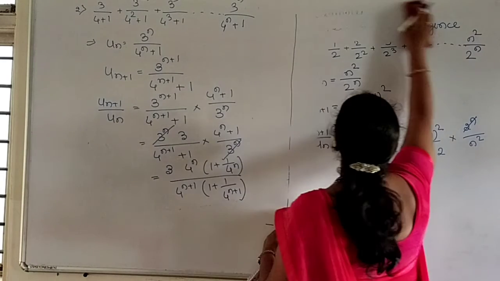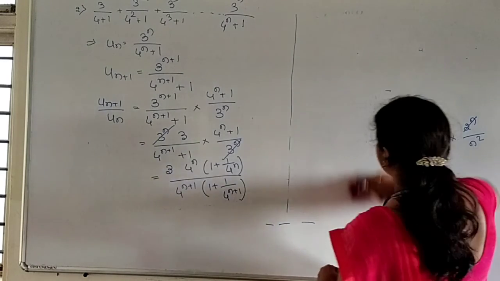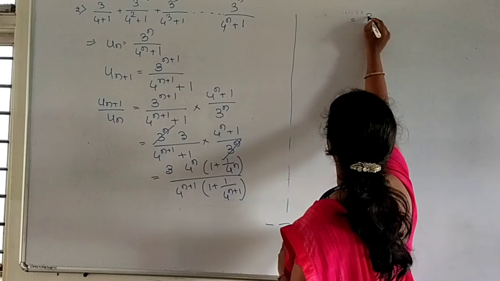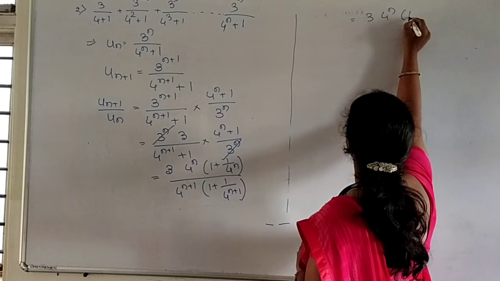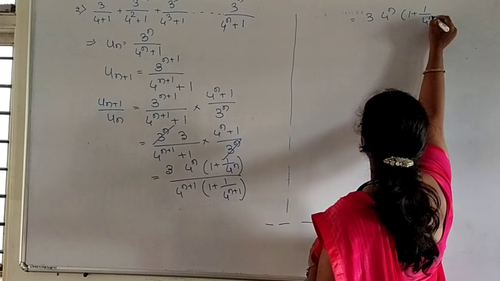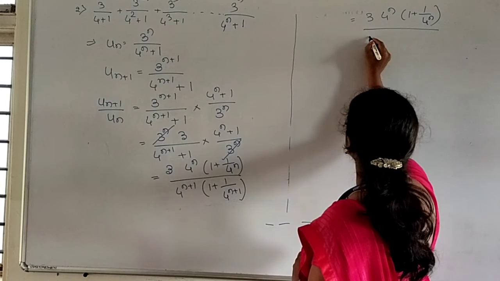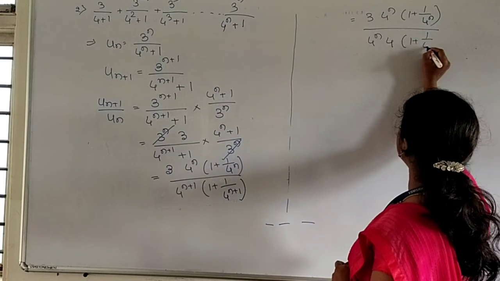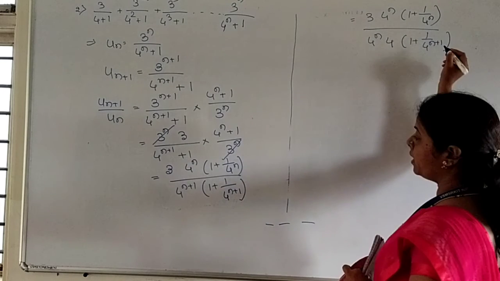After that we have to take that 4 to the power n plus 1 as 4 raised to n, 1 plus 1 by 4 raised to n, divided by this we have to write 4 raised to n into 4, 1 plus 1 by 4 raised to n plus 1.